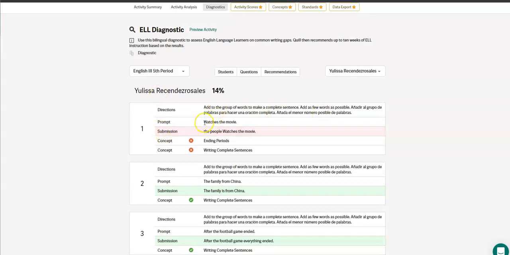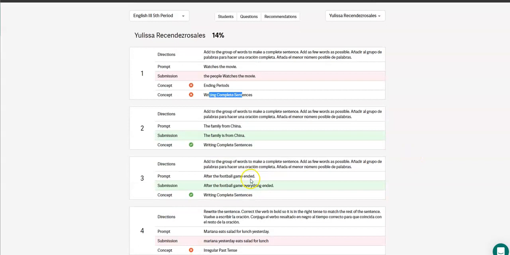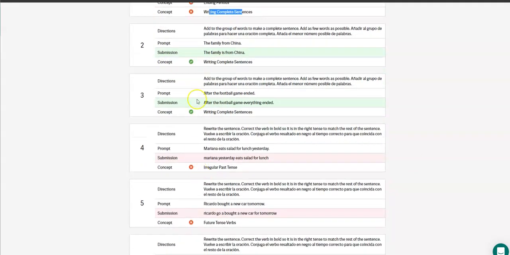They're given the prompt "watches the movie," and their instructions are to basically complete the sentence. And so she says, "the people watches the movie." The things that she got wrong on this are that she did not put a period at the end, and that her sentence was not a complete sentence. It was not a correct sentence. So we can look through there and see.